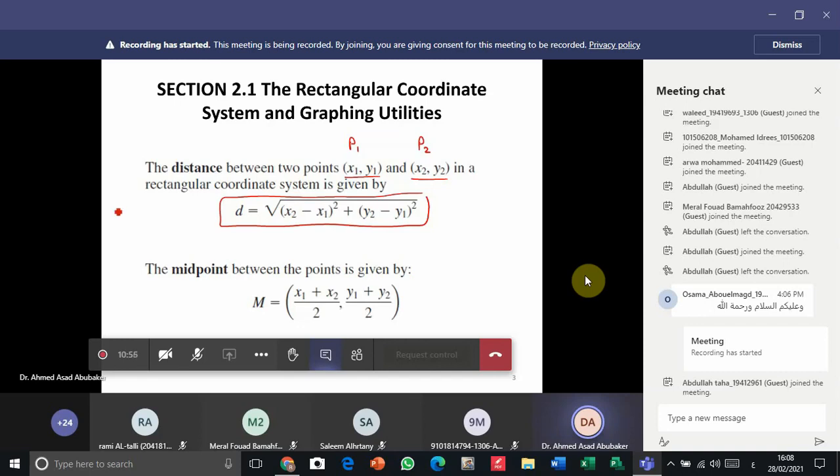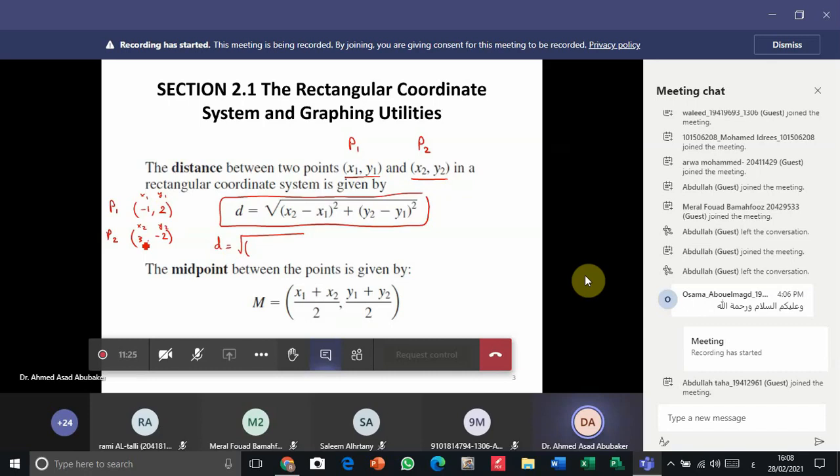For example, if we have the first point, minus 1 and 2, and the second point, 3 and minus 2, how can we find the distance? By this formula, the distance equals the radical of what? We take this as x1, y1, and this one as x2, y2.